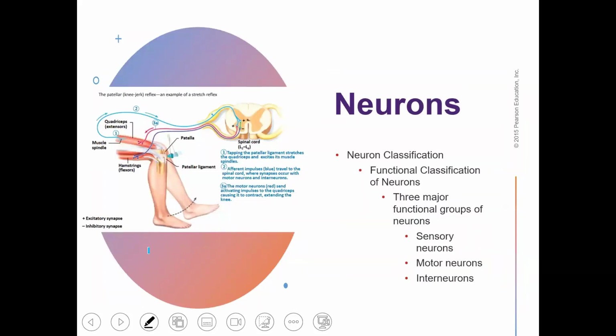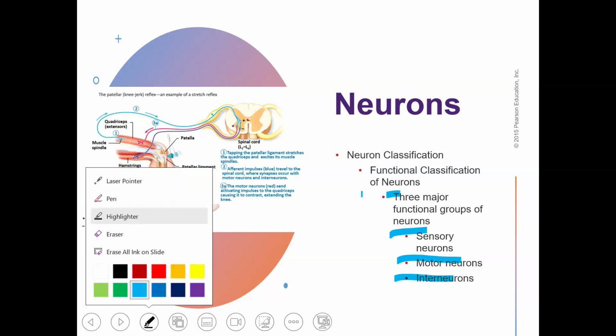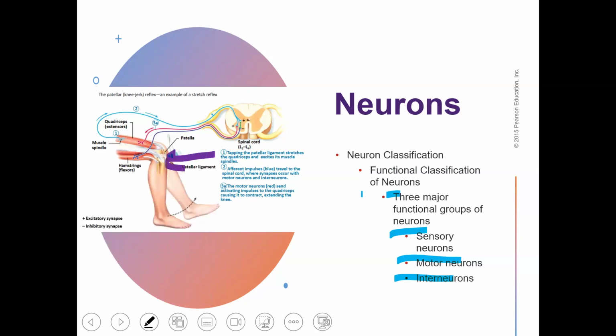For our neuronal classification, we're going to see functional classifications of neurons in three different groups: sensory, motor, and interneurons. An example of sensory would be when you check a reflex, like a patellar reflex.